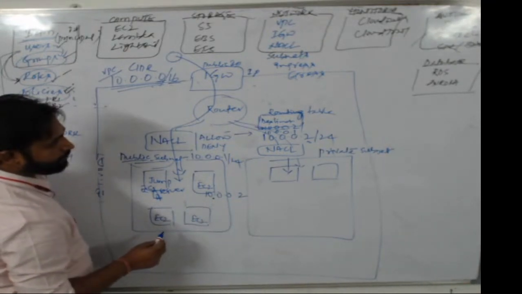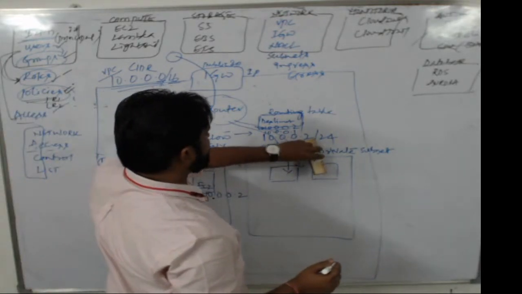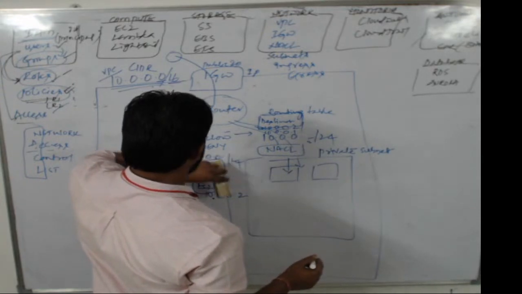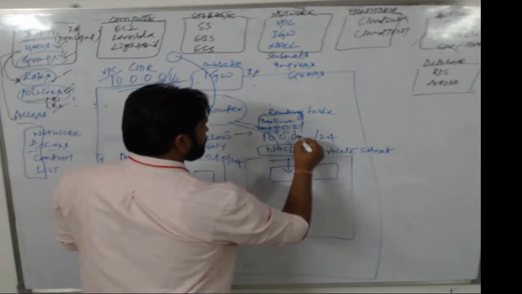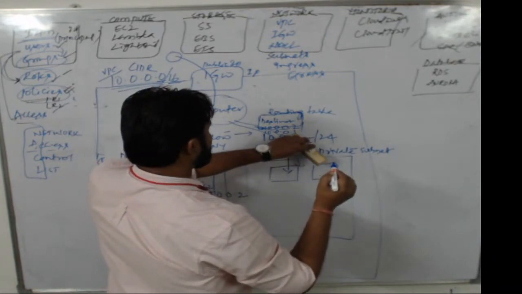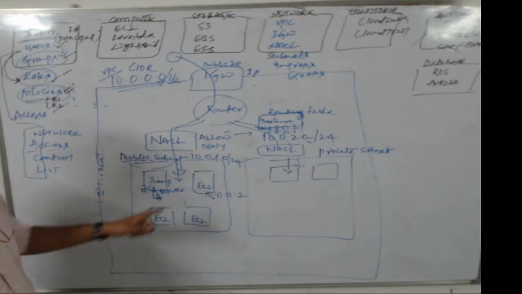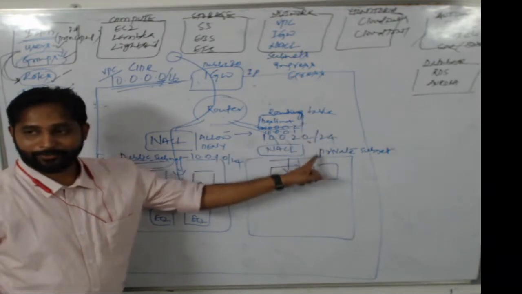10.0.0.2. Sorry guys, this is not 2. We will change not the first one, the second one. 1.0, 2.0. Sorry about that. So 1.0 will get 255, 2.0 will get 255.